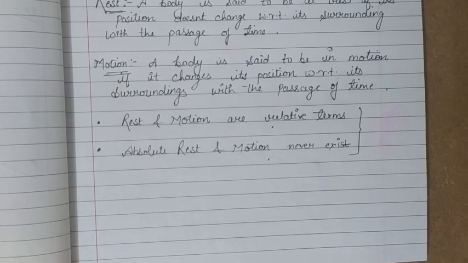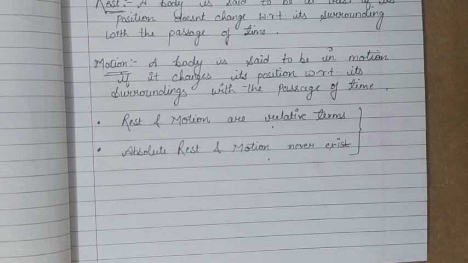Since there is no object in the universe at absolute rest, absolute motion also cannot be realized. जब कोई ऑब्जेक्ट ही नहीं है जो बिल्कुल फिक्स है, जिसके रिस्पेक्ट में हम मोशन या रेस्ट को स्टडी कर सकते हैं, देयर इज़ नो एब्सोल्यूट रेस्ट एंड देयर इज़ नो एब्सोल्यूट मोशन in the universe. So whenever we talk about rest or motion, there exist relative rest and relative motion. There is no absolute rest, no absolute motion.